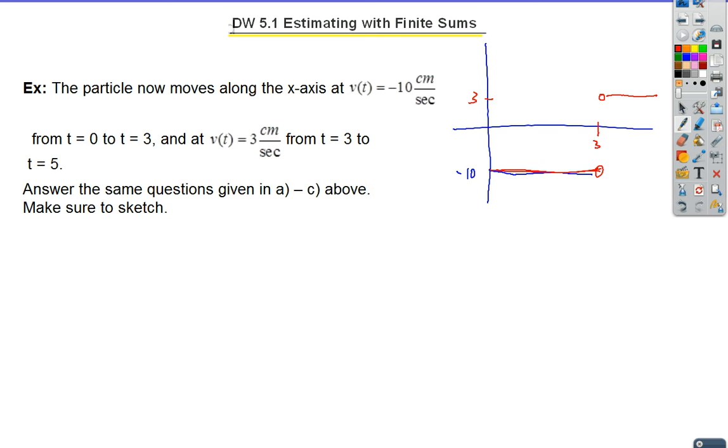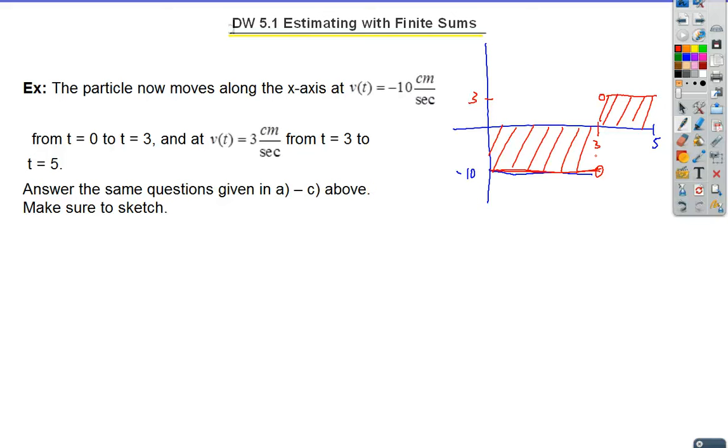Now it wants me to answer the same questions from A through C above. So here I am, I want to go to 5. I want to find out how to treat this area and how to treat that area, so I want to find the area of both of my rectangles.